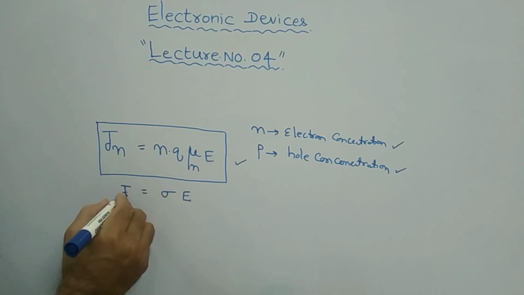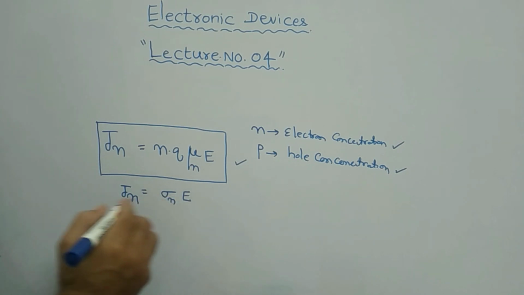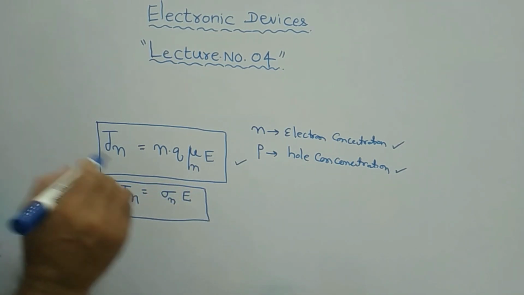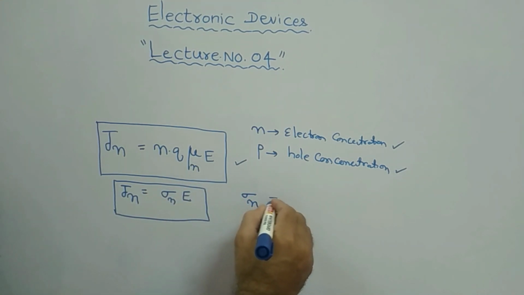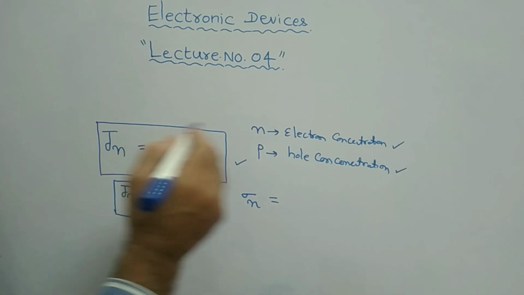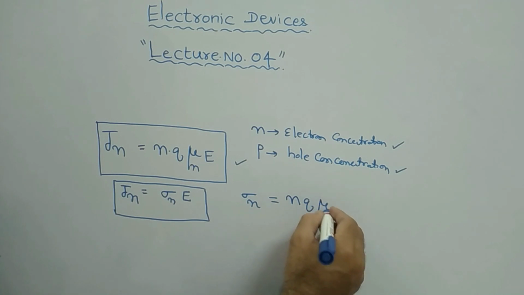This is J suffix N, then you can write sigma suffix N, where sigma suffix N is equal to this portion, N into Q into mu suffix N.